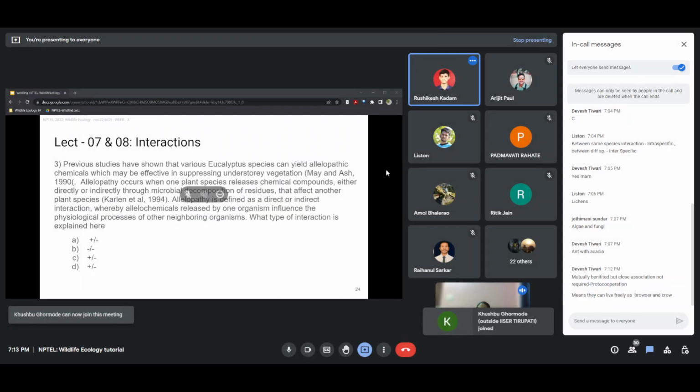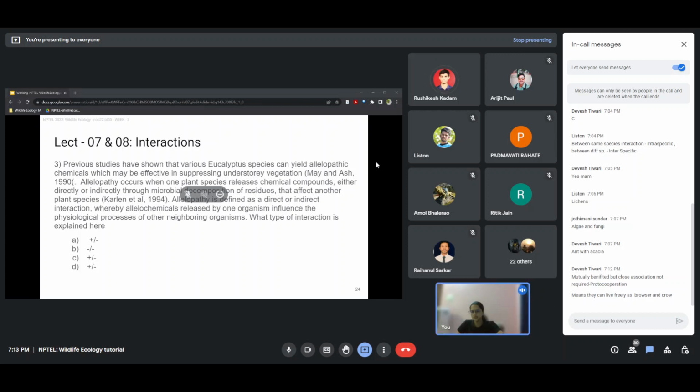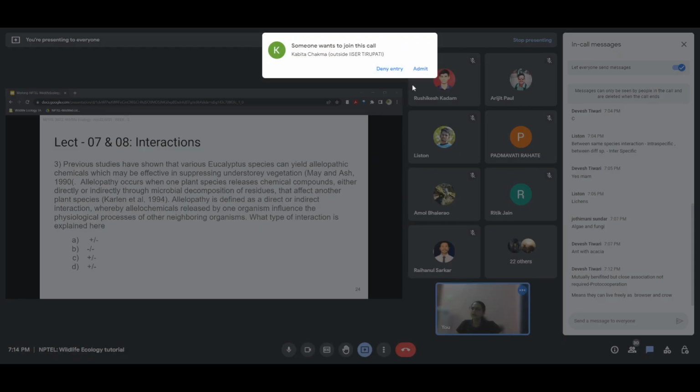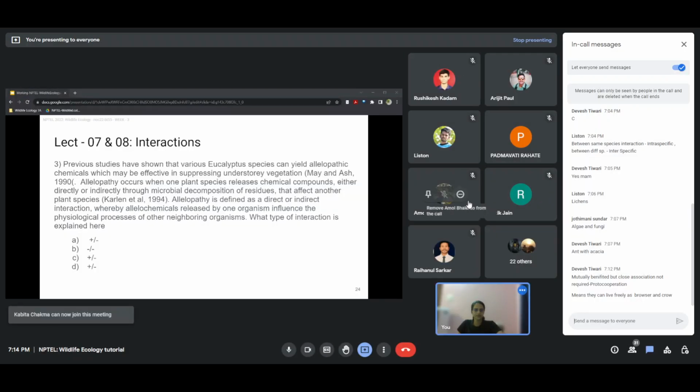So, what do you see around eucalyptus trees usually? Exactly. So, eucalyptus is a very water intensive growing plant and they secrete allelopathic chemicals that prevent any other plant from growing in the vicinity. And it consumes a lot of water, right?